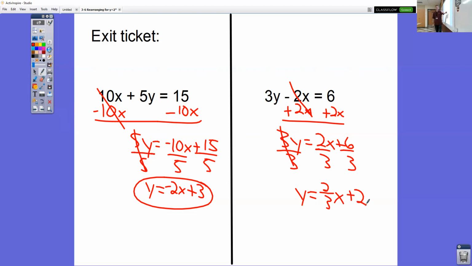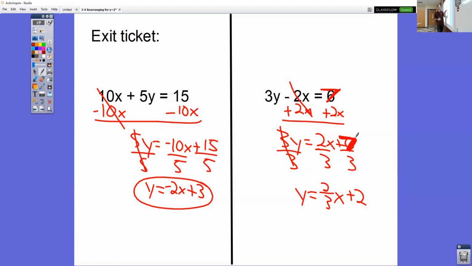By the way, I should say that if anytime you get a number at the end for your y-intercept, like, let's say that this was a 7 instead, you would have 7 divided by 3. You should do that. Don't leave this y-intercept, this plus or minus at the end, as a fraction.